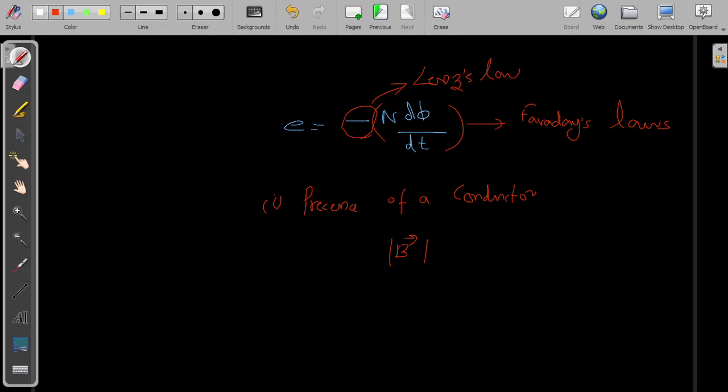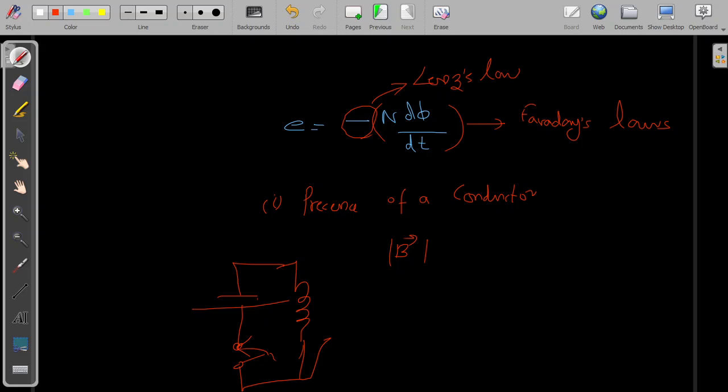Now we are going to discuss the methods of producing induced EMF. And the first method is by using a stationary conductor, a stationary electromagnet, and varying the magnetic flux by supplying AC current to the electromagnet. In our previous discussion we have a circuit like this, a positive negative battery and a switch.